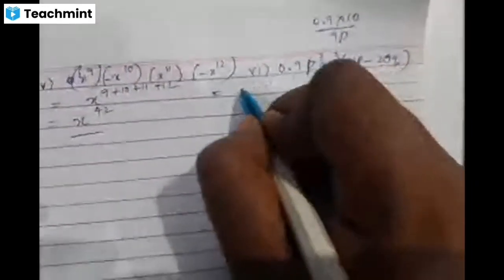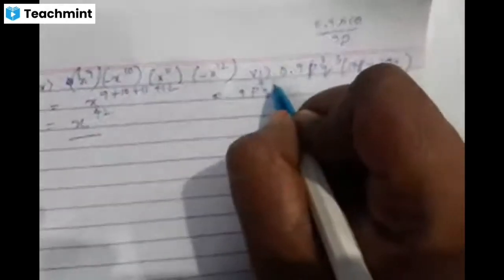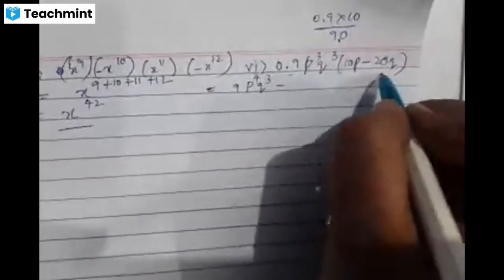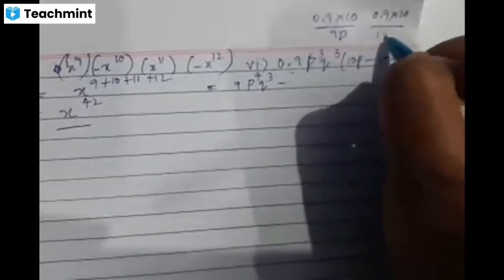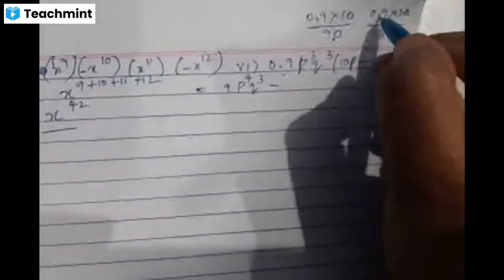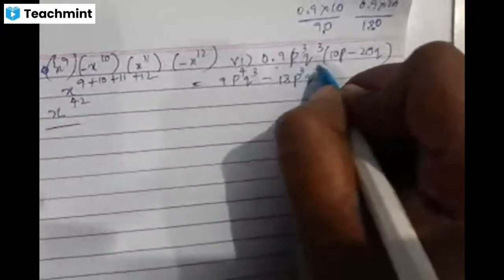So the answer is 9 p to the power of 4 q cube. Plus into minus is minus. 0.9 into 20. 9 twos are 18. Sorry, 9 20s are 180. After the decimal point, you should have one digit. So the answer is 18 p cube q to the power of 4.